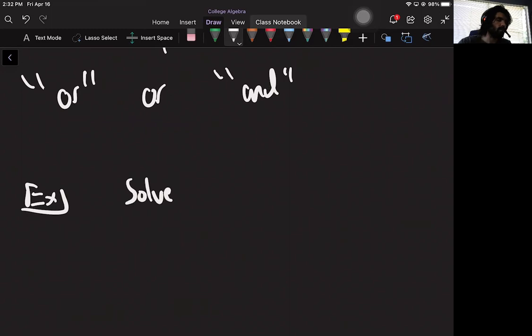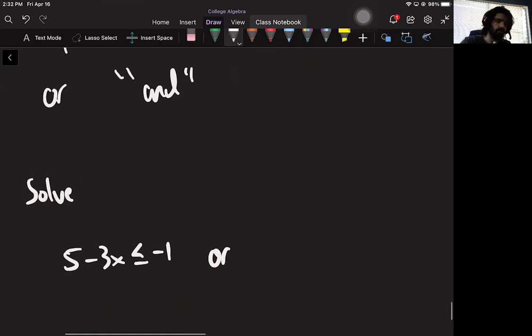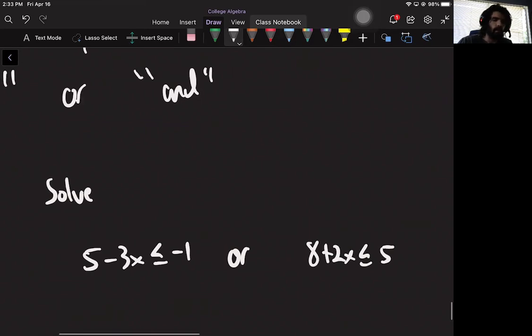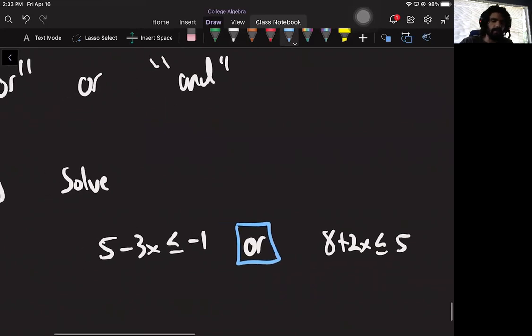So what I mean is we're going to solve something like this. It'll be written like this: 5 minus 3x less than or equal to -1, or 8 plus 2x is less than or equal to 5. But the word or here has a very specific math definition that's hidden, different than English.